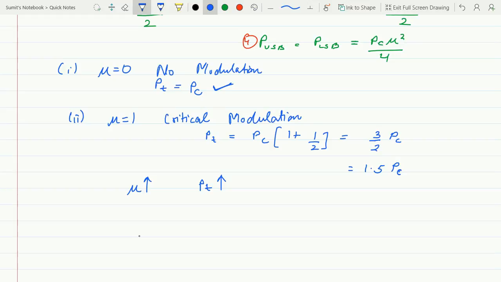So now let's separate the powers here, keeping the same case mu equal to 1. What is your carrier power in this? Carrier power is PC. The sideband power would be total power minus the carrier power. So total power is 1.5 PC minus PC, so 0.5 PC is your sideband power.